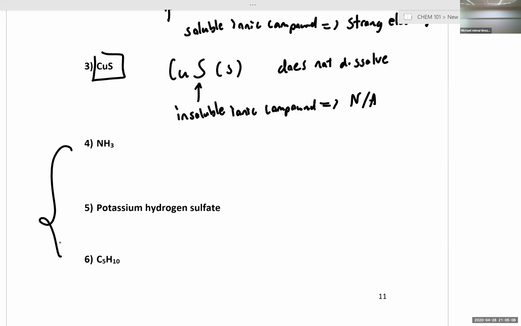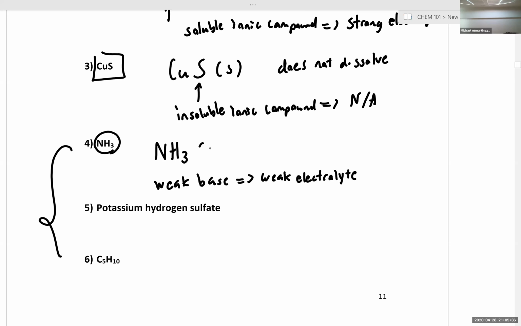Okay, let's discuss, and I'm going to ask for your input here. Ammonia, NH3, is it a strong, weak, or non-electrolyte? I see a lot of people typing that it's a weak base. Since it's a weak base, that tells us that it's a weak electrolyte.